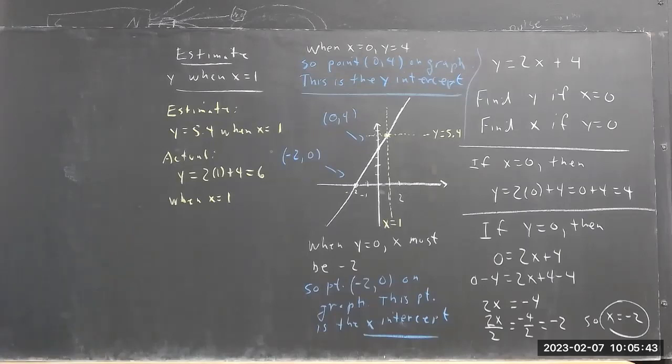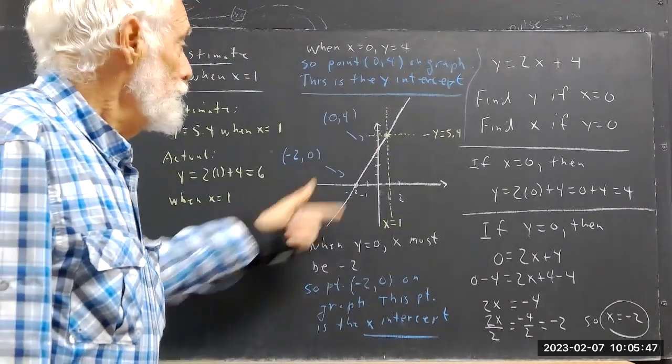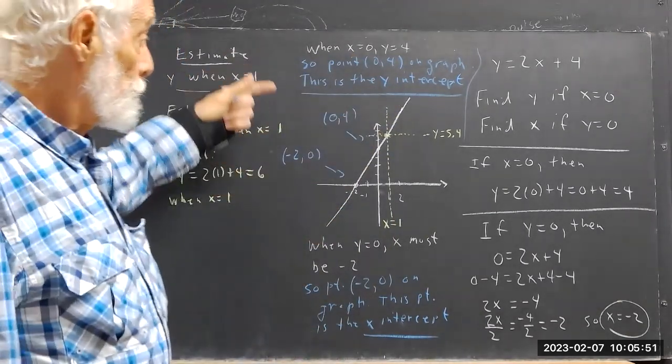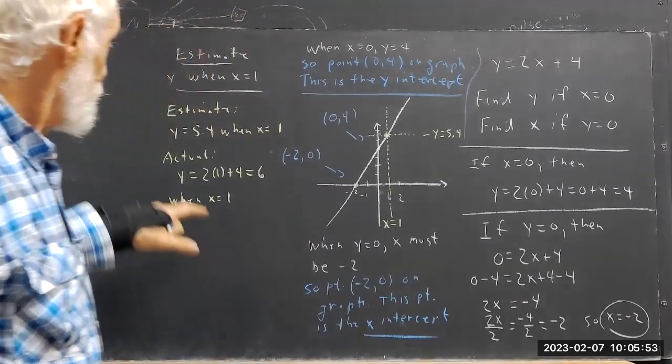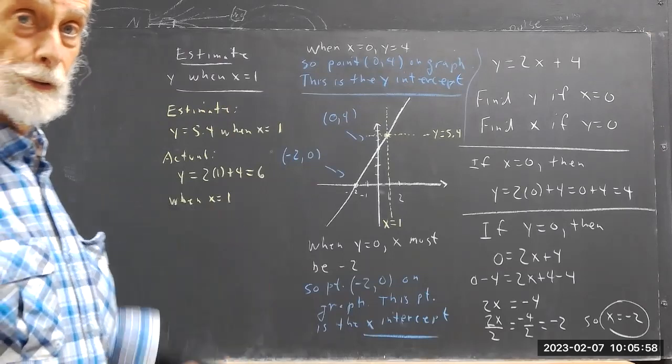So the graph did a reasonable job of estimating, but of course, the graph gives you the picture. It tells you what everything means. But you plug the numbers into the equation and you get the exact value.